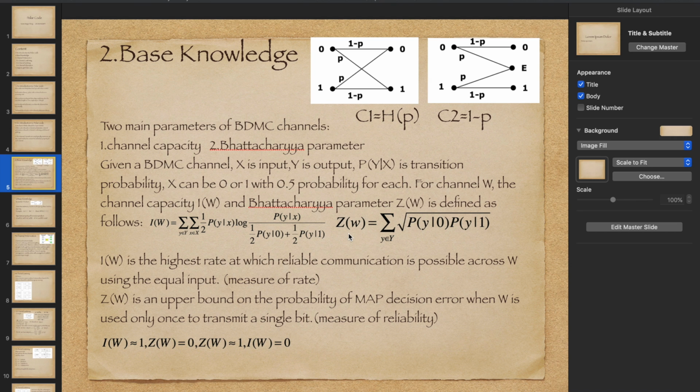It is a measure of reliability. So here's the property. When I(W) is approximately equal to 1, Z(W) is equal to 0. And when Z(W) is approximately equal to 1, I(W) is equal to 0.